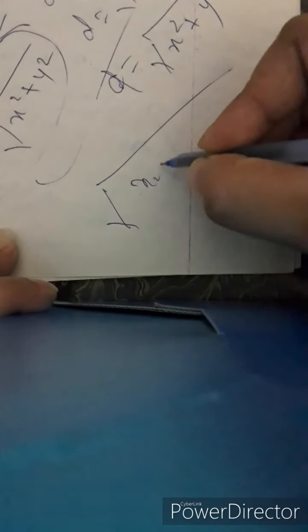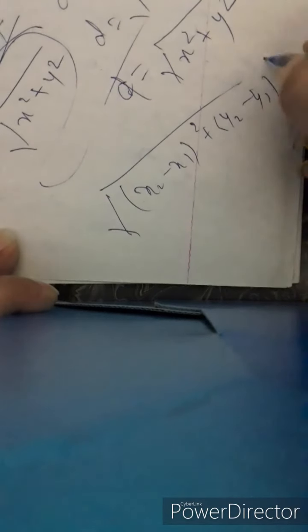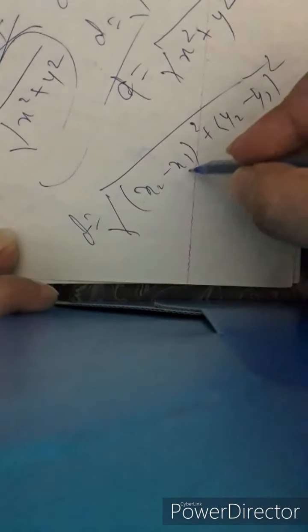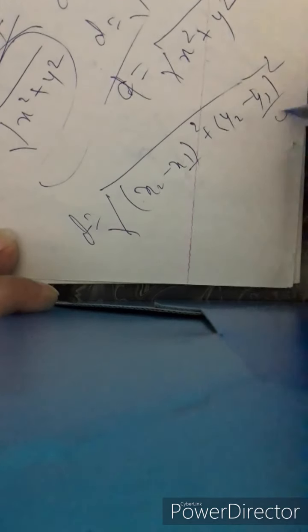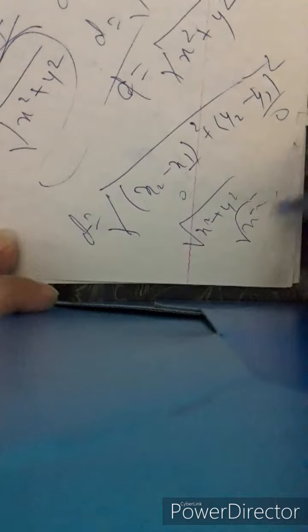This is according to the distance formula, (x2 minus x1) whole square plus (y2 minus y1) whole square. Just take x1 and y1 as origin 0, 0 and we will get x2 square plus y2 square, that is, x square plus y square.